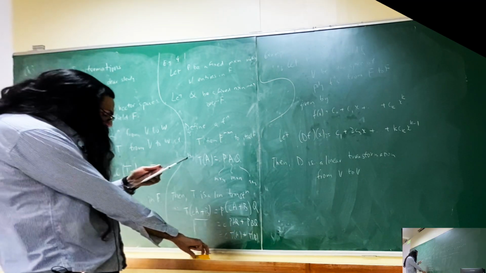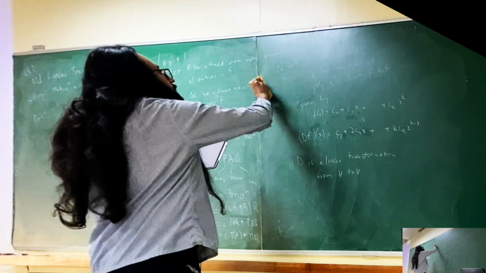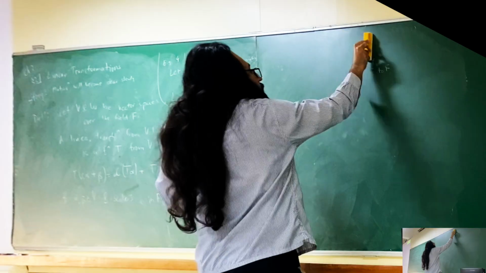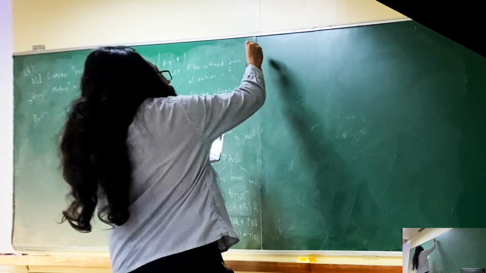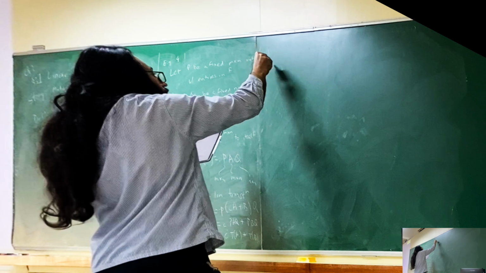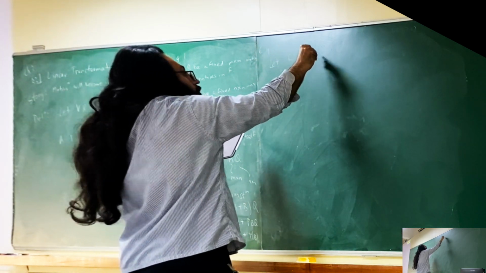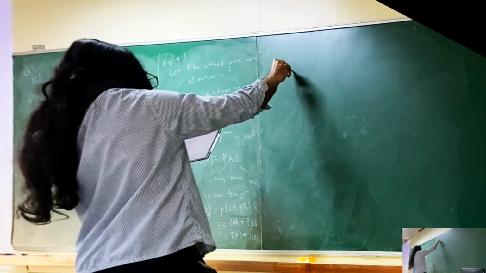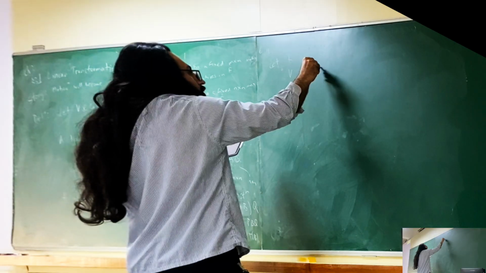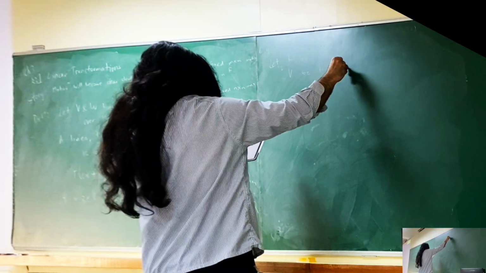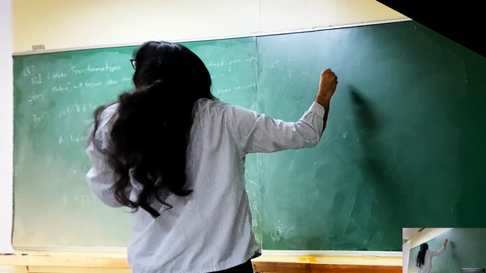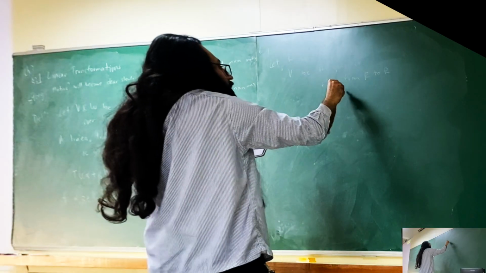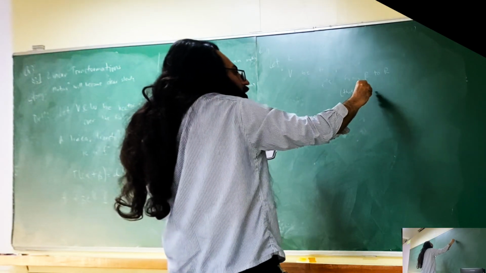We have 4 minutes, so let me do the last example. Let capital R be the field, and let V be the space of functions from R to R that are continuous. So we are basically looking at the set of continuous functions.